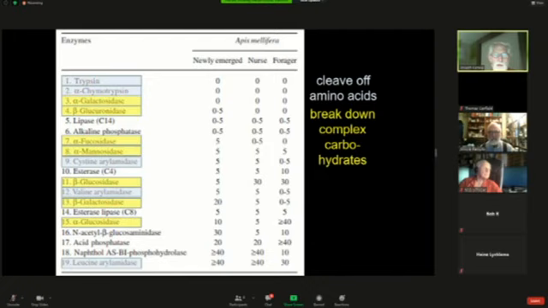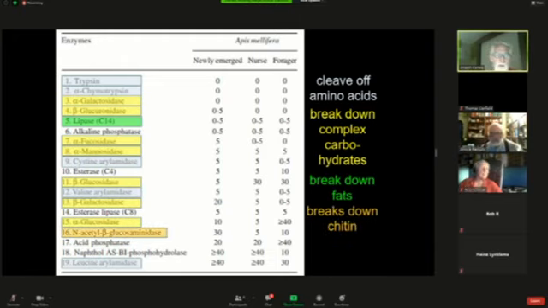These color-coded in yellow break down other complex carbohydrates, the complex sugars that are in the nectar in addition to the sucrose. In green, this enzyme lipase breaks down the fats that are in the nectar.